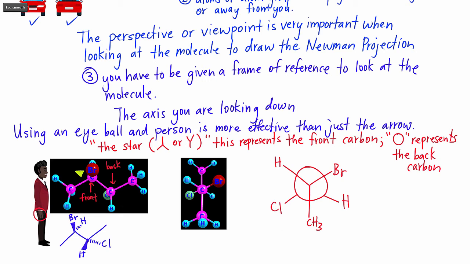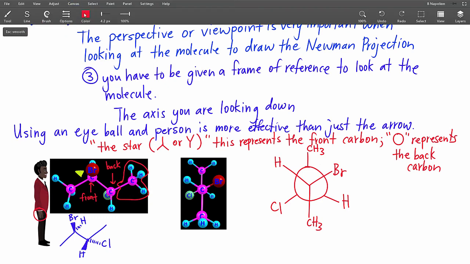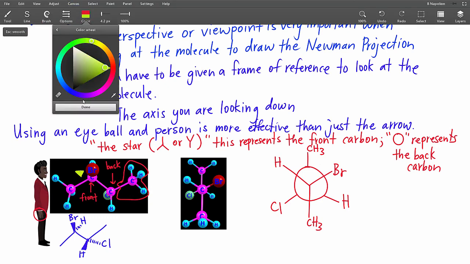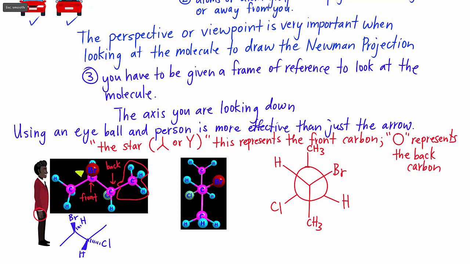And what's going up on this back carbon? You actually see this whole atom group going up, which is CH3. Okay? So when you're looking at that molecule, this is what you actually see.